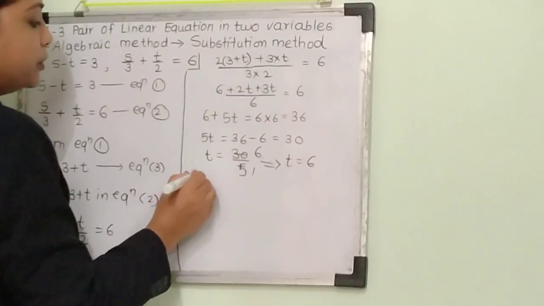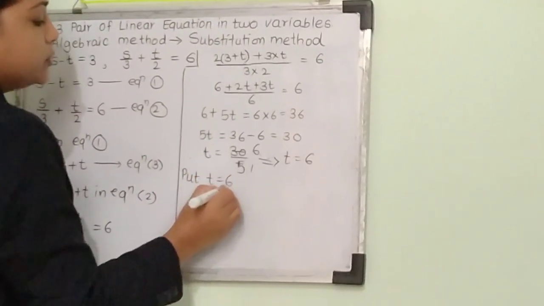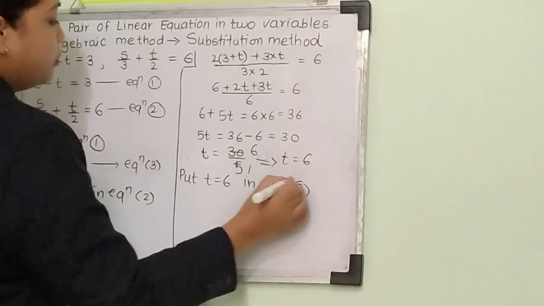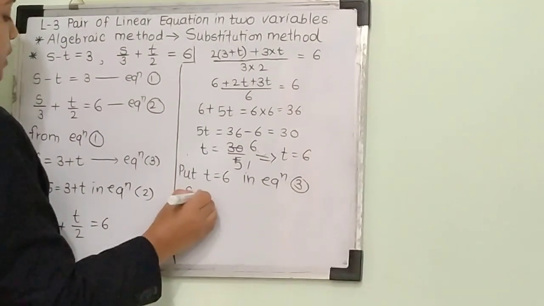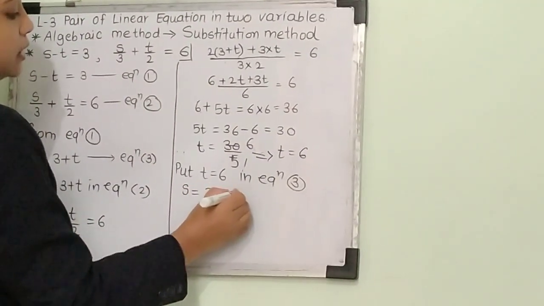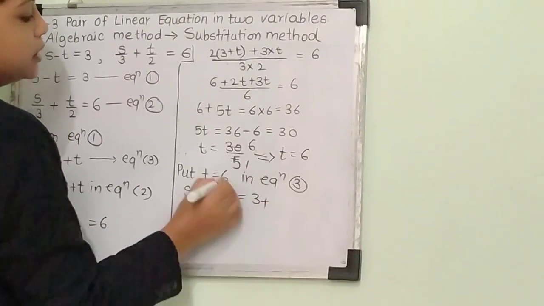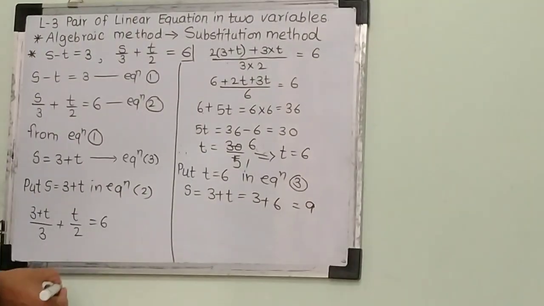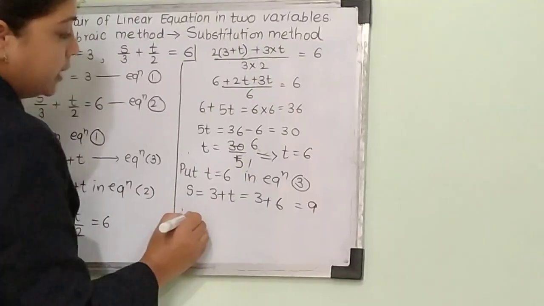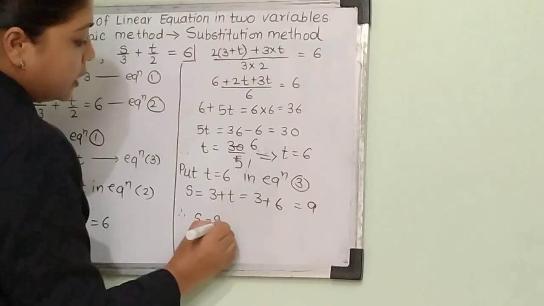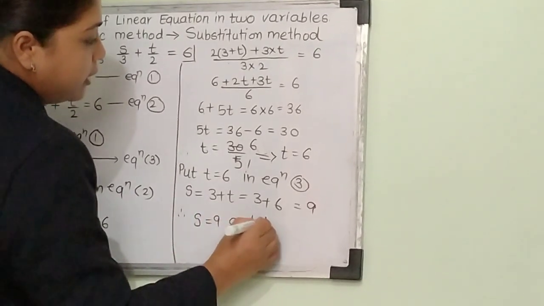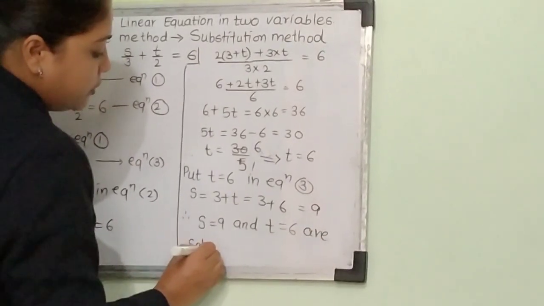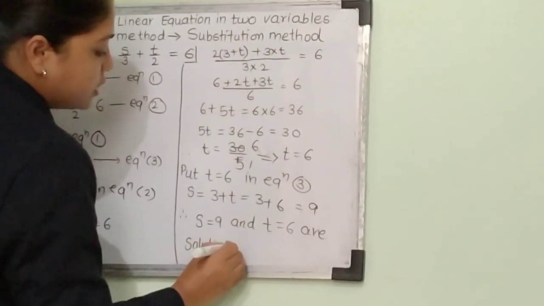Now we put t equals 6 in equation number 3, so we get the value of s. So s is equal to 3 plus t equals 3 plus 6, and hence we get s equals 9. It means that s equals 9 and t equals 6 are the solution of the given pair of linear equations.